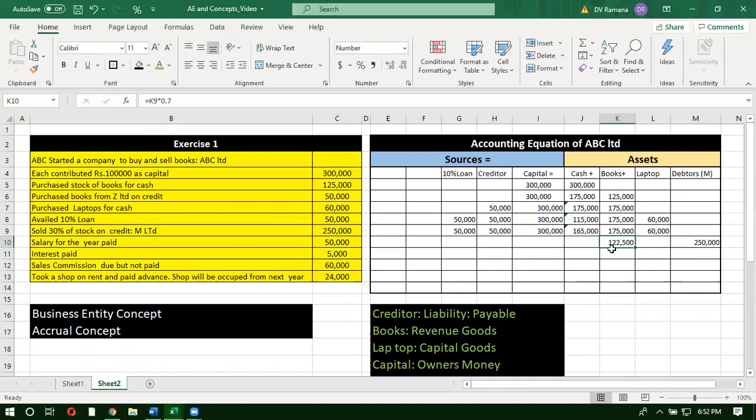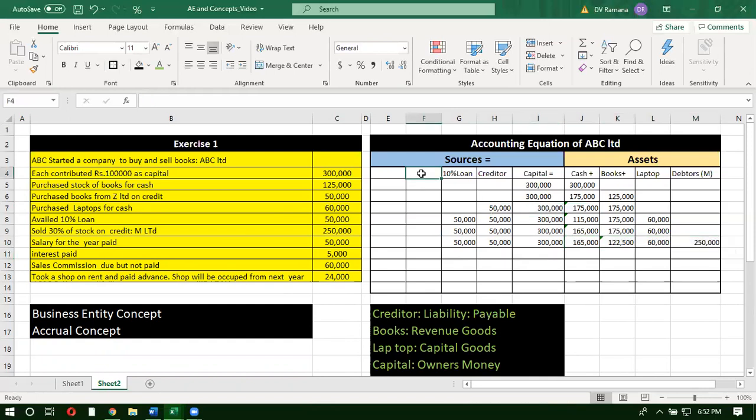Okay, and no change in the laptop, no change in cash because it is on credit, no change in the capital, no change in the creditor, no change in the loan. But observe, the total of the sources is 400,000. Observe here, the total of assets is 597,000.